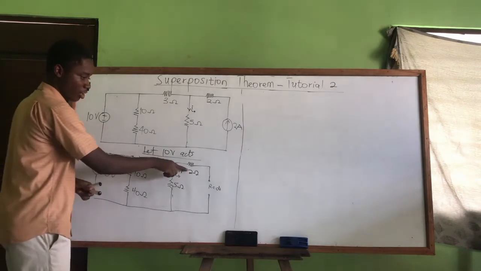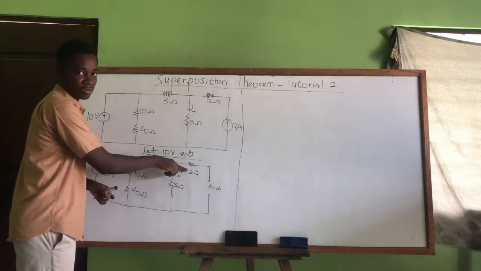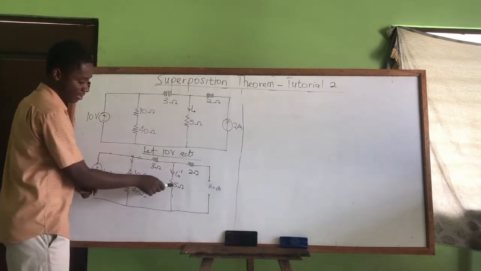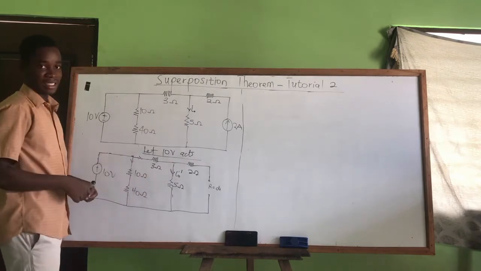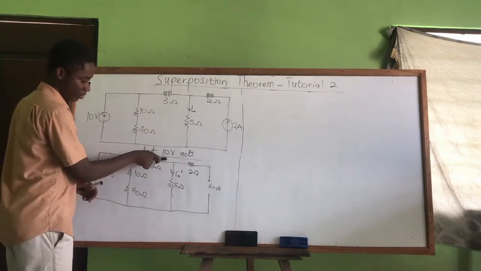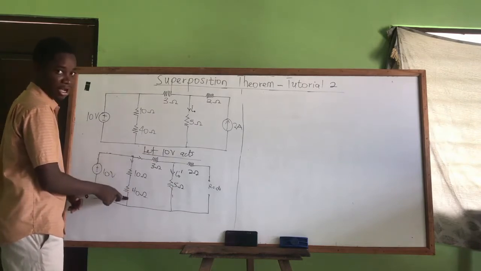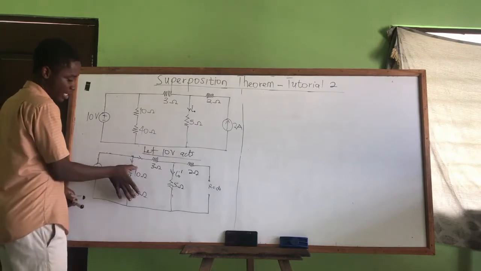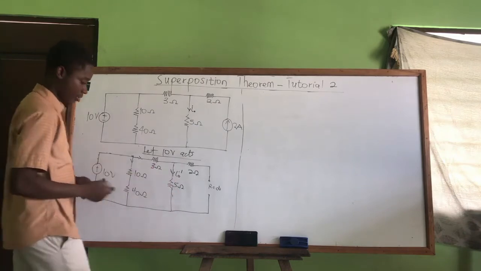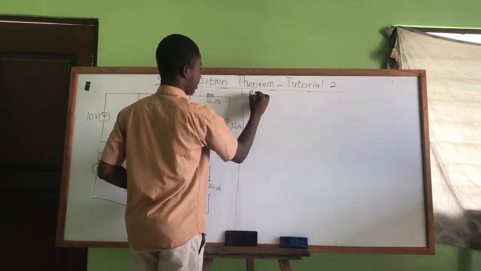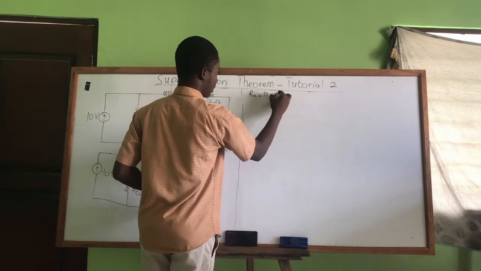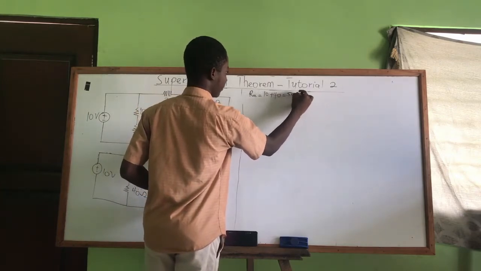So we are not going to include these two because the current didn't flow through. So we have this 5 and this 3 connected in series because the same current flows through them. And also this 10 and this 40 are on the same branch. They are also in what? Series. So I can find the equivalent here, the equivalent here. So the equivalent, let's say RA is for 10 and 40 in series, giving us what? 50.